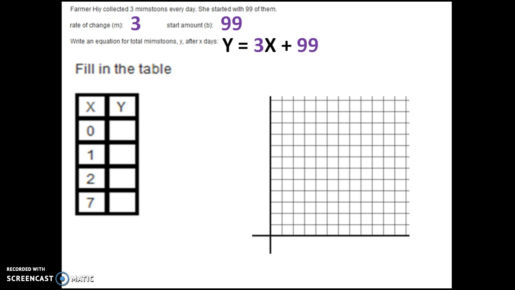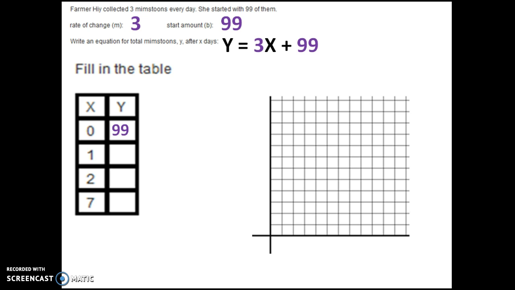Using this equation, we can fill in the table by substituting in values for x and then evaluating. So if x is 0, we have 3 times 0, which is 0, plus 99, which is 99.